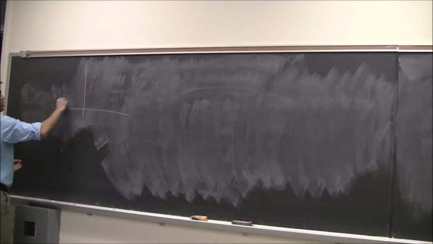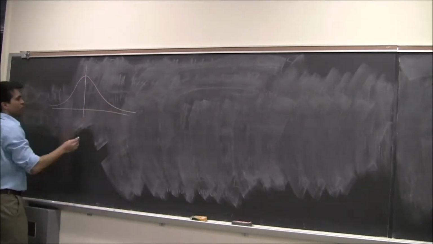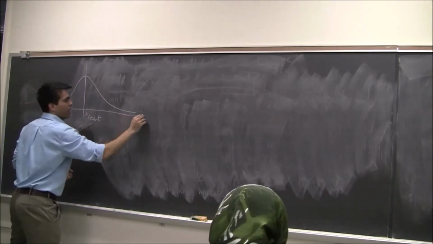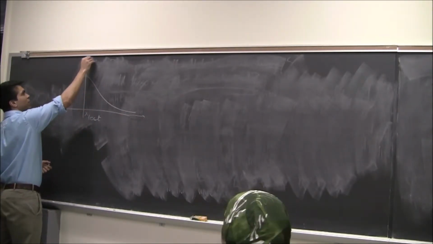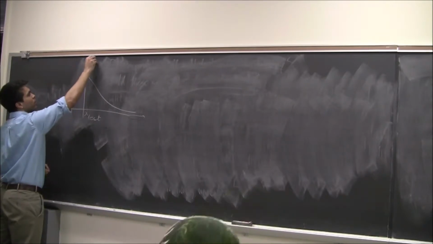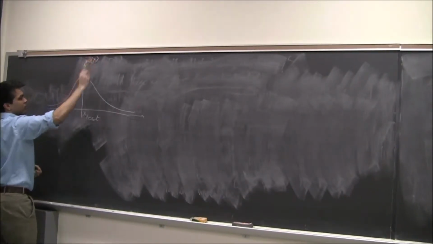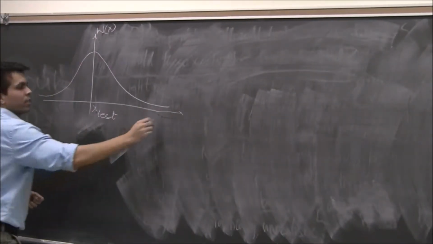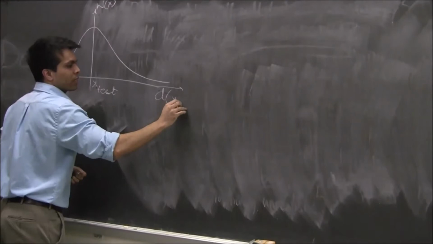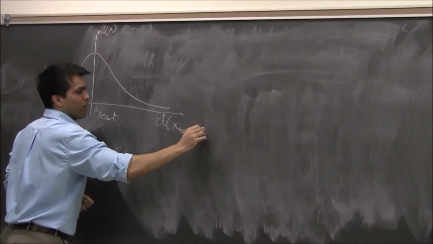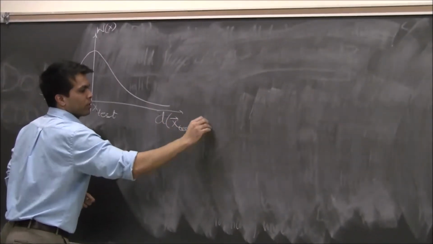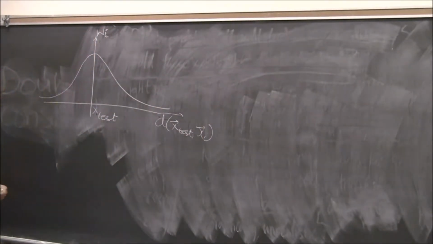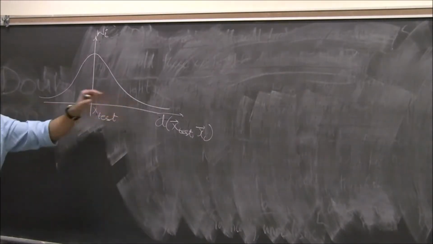This is what that function looks like. This is x test, and this is the weight of a data point x. So as the distance increases, as you go away from x test, the weight of i decays.